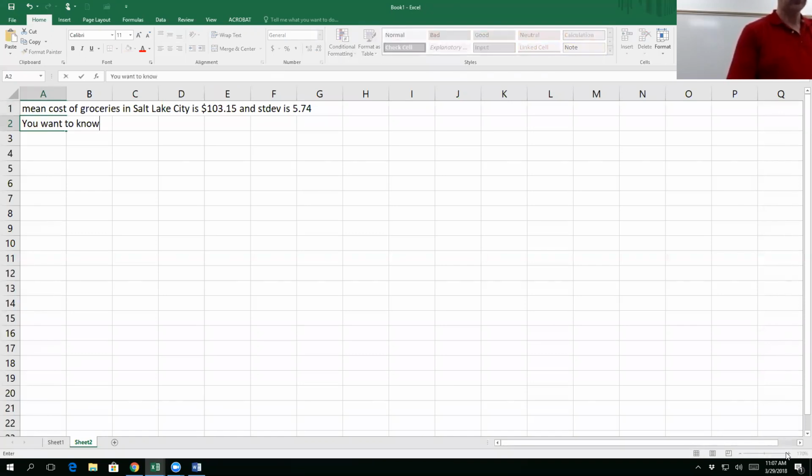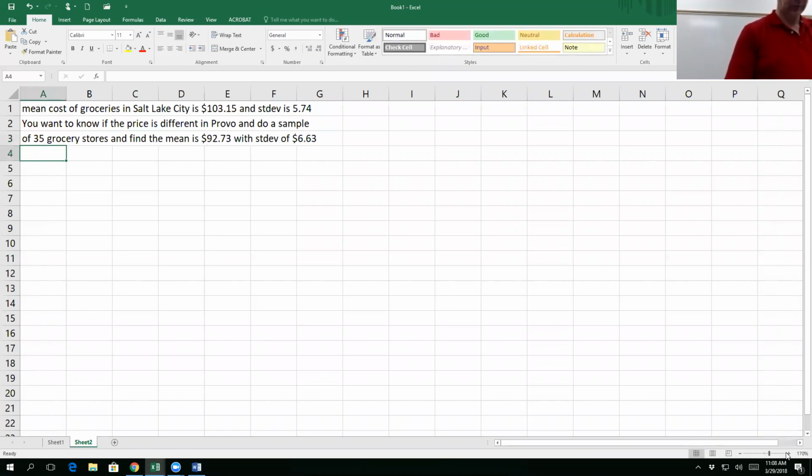You want to know if the price is different in Provo, and do a sample of 35 grocery stores and find the mean is 92.73 with standard deviation of 6.63. Fine.